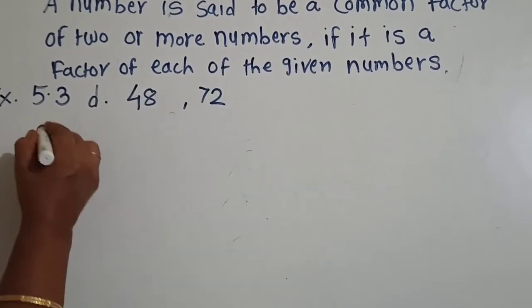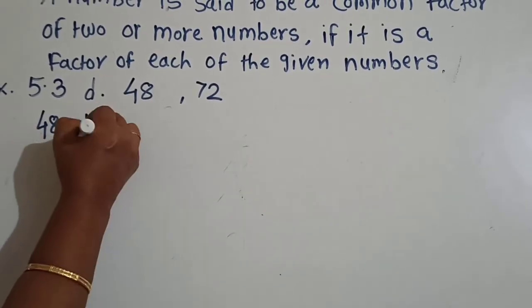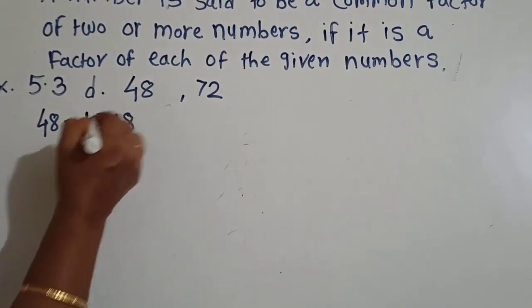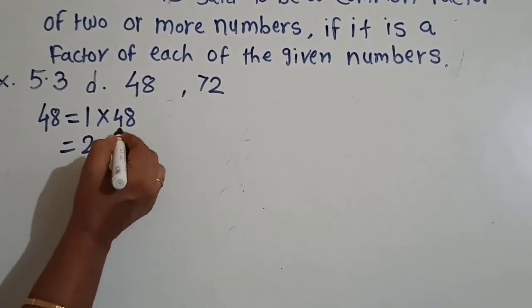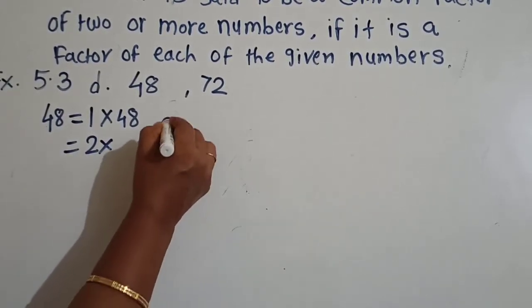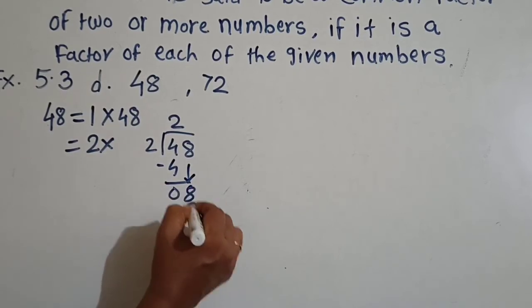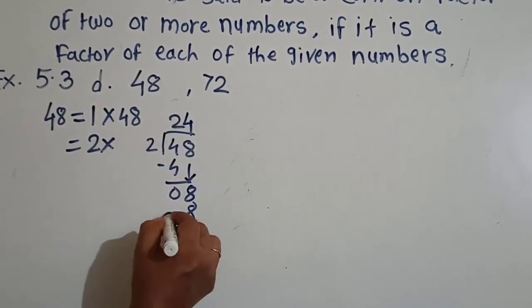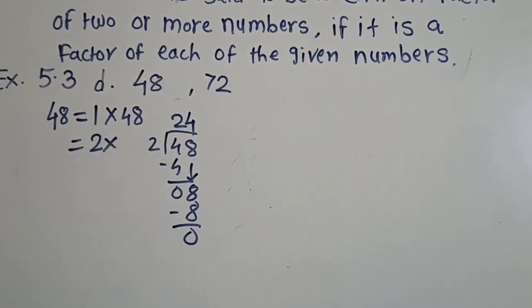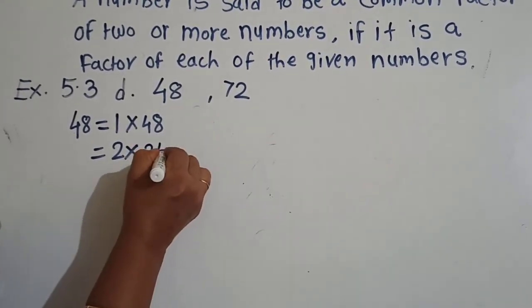48 and 72. Okay, first we will find out the factors of 48. 1 multiplied by 48. Then 2, if we do division here, 2 2s are 4, 2 4s are 8, 8 minus 8, 0. Okay, means 2 24s are 48.